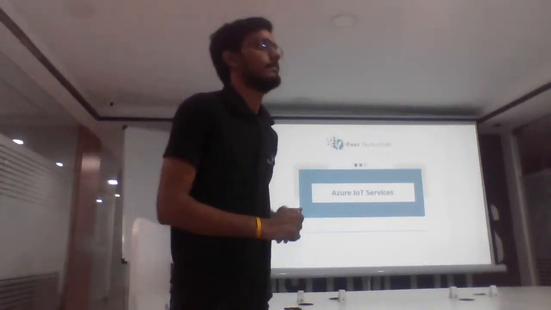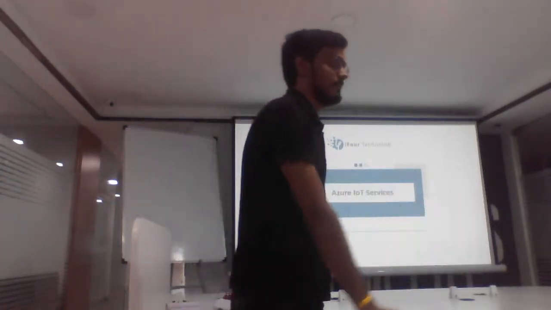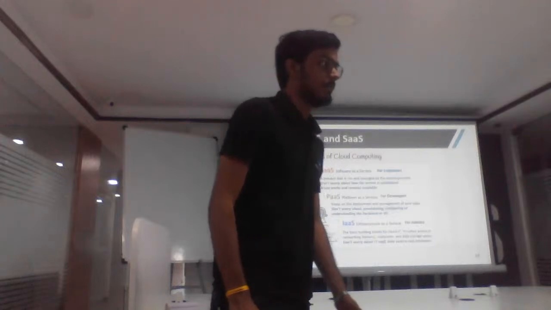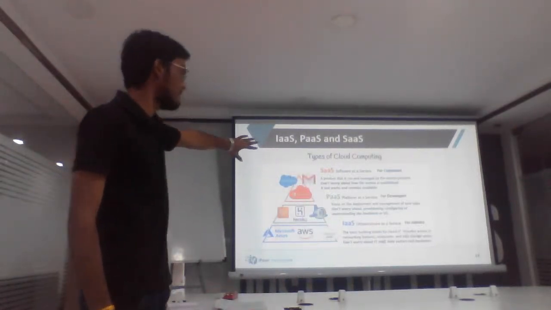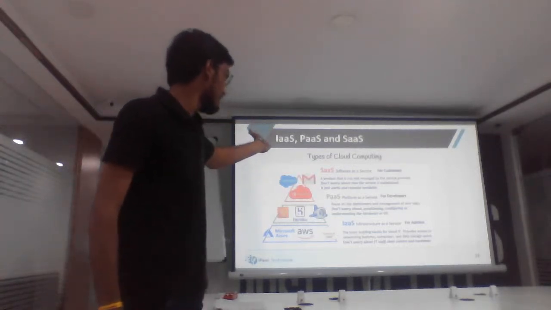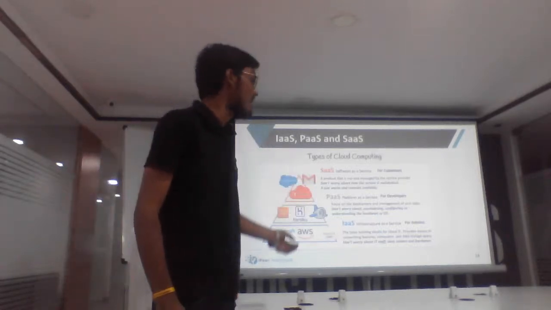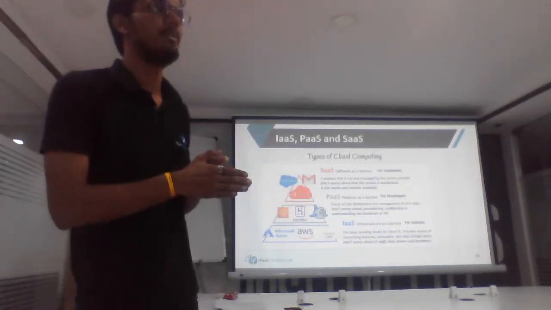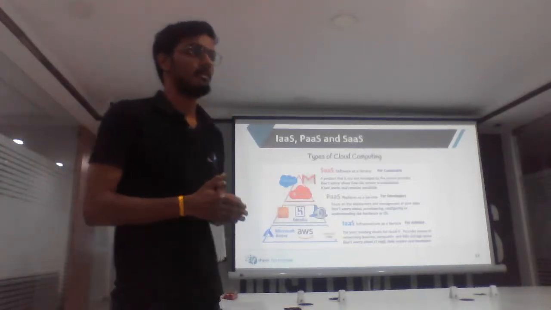Software as a service, platform as a service. Okay, mainly we have three types of cloud computing services. First is software as a service, second is platform as a service, and third is infrastructure as a service. And there are many other services provided by the cloud. First is software as a service.